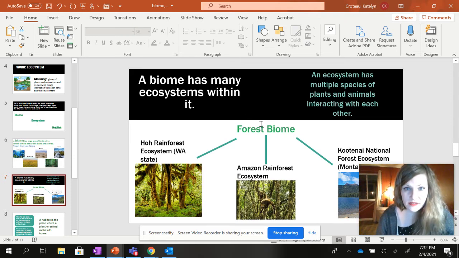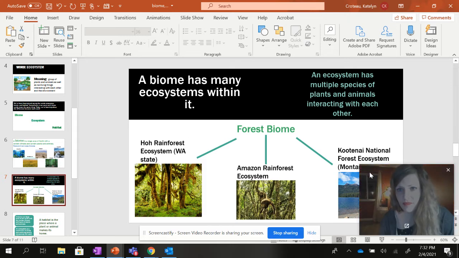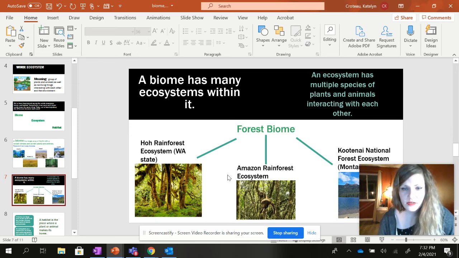Think about this. The Amazon rainforest, that's one ecosystem, but there are probably also multiple ecosystems within that ecosystem because it's not as much based upon the size. Okay, it's more about the system itself. But everything within this rainforest does work together. And Kootenai, I think I said that right, National Forest Ecosystem, Montana.